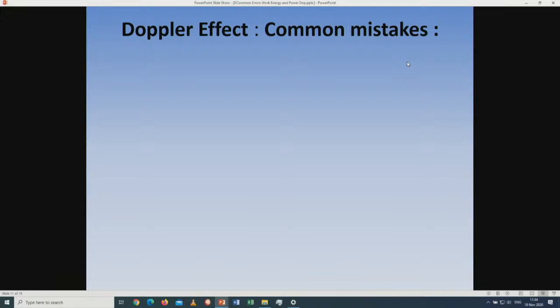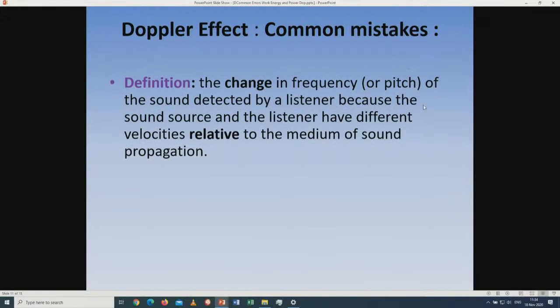Right, let's go to the first important thing on the Doppler effect, which is the definition, and I want to remind you again of the importance of definitions. If you look on the screen, you will see that there are two very important words in the definition of the Doppler effect.